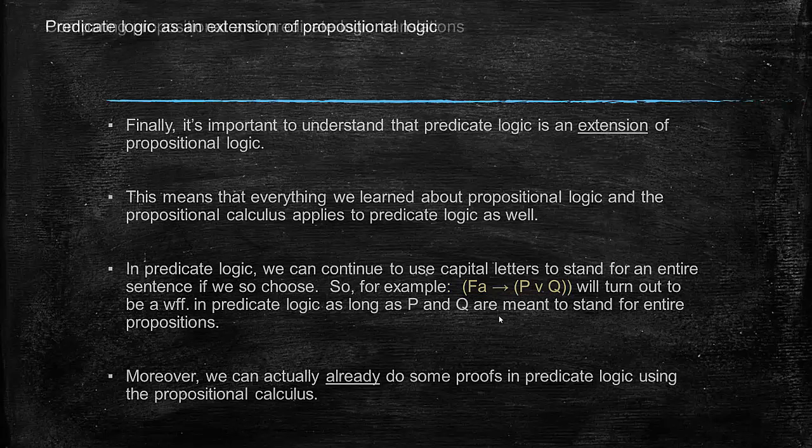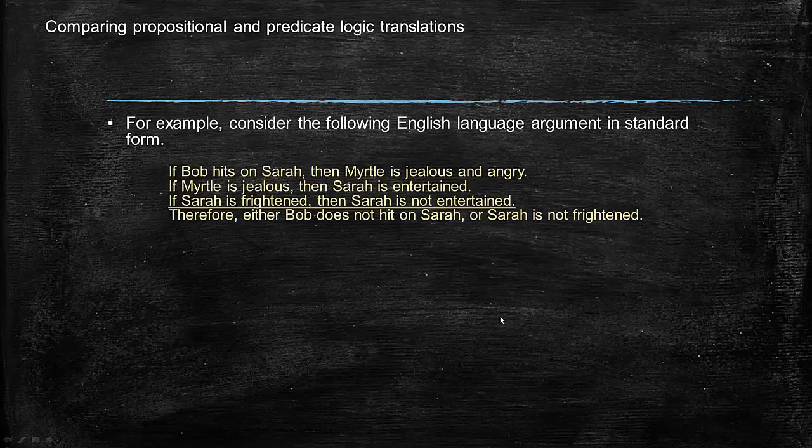apparatus from propositional calculus. So, if you take an English language argument in standard form like this, I could give this to you and say translate it into propositional logic. Most of you would have no trouble with this. So if Bob hits on Sarah, then Myrtle is jealous and angry. If Myrtle is jealous, then Sarah is entertained. If Sarah is frightened, then Sarah is not entertained.